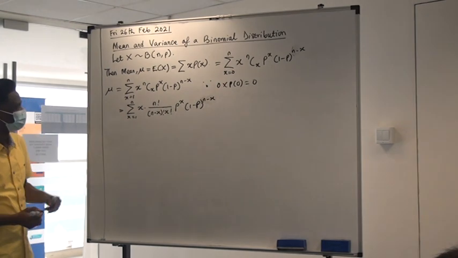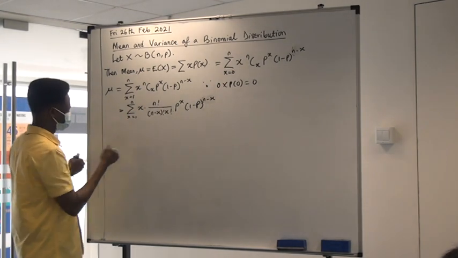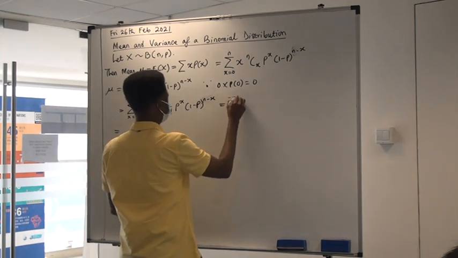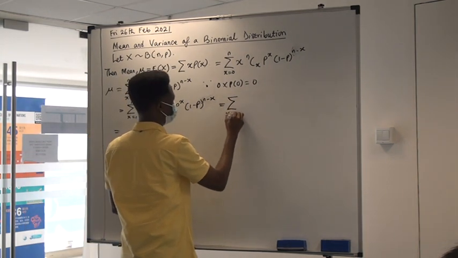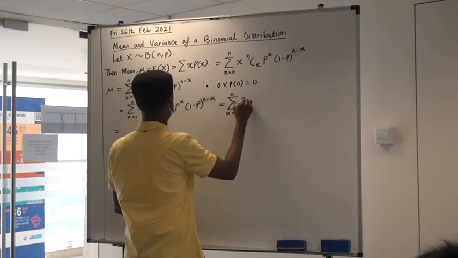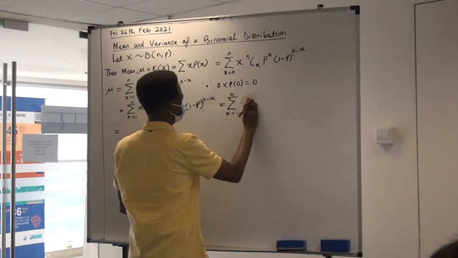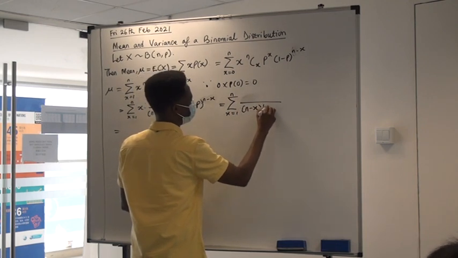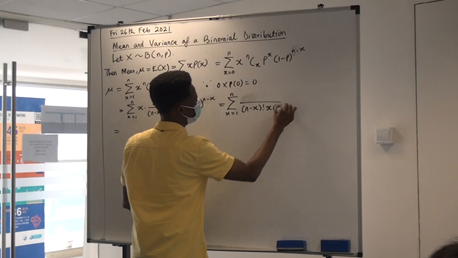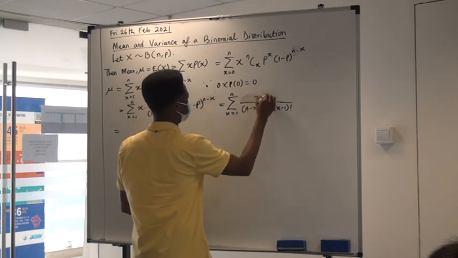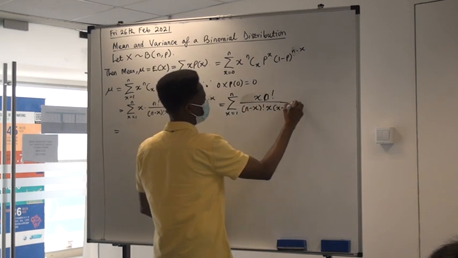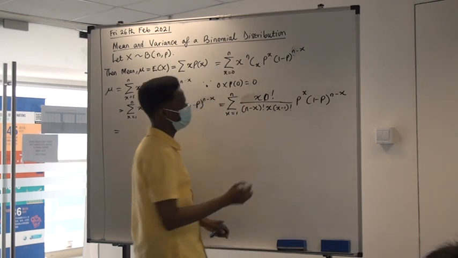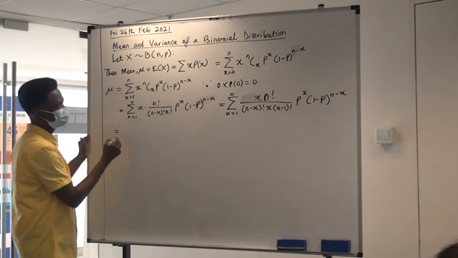I want to eliminate this x, so I can write x factorial as x times x minus 1 factorial. Then this is x times n factorial, p to power x, 1 minus p to power n minus x. Agreed? So my x can be removed.